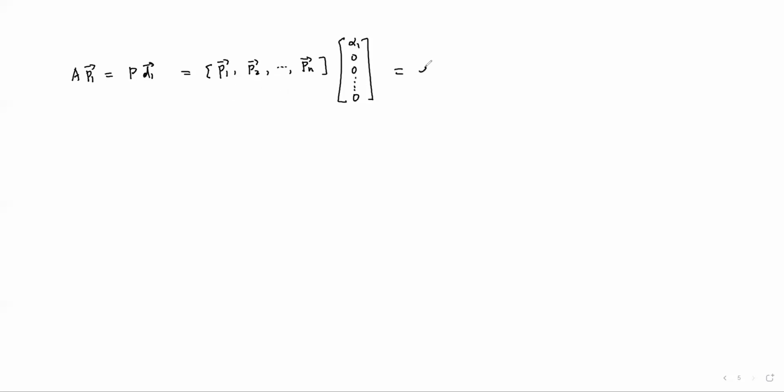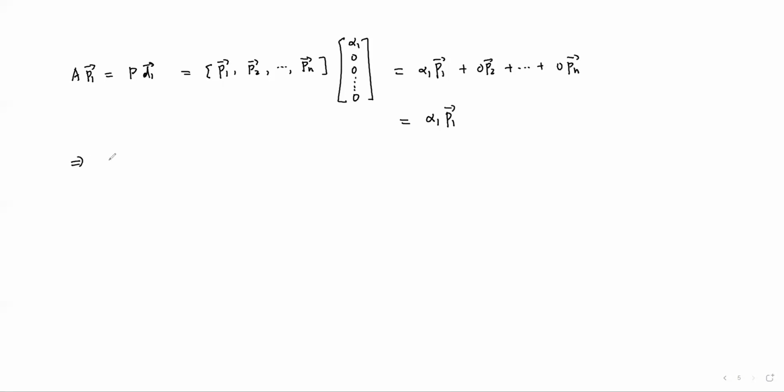So it is alpha 1 times the first column, 0 times the second column, 0 times the third column, and so on, 0 times the last column. Therefore, this linear combination is just the scalar alpha 1 times P1.